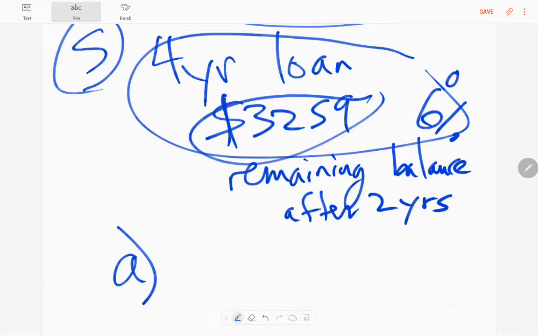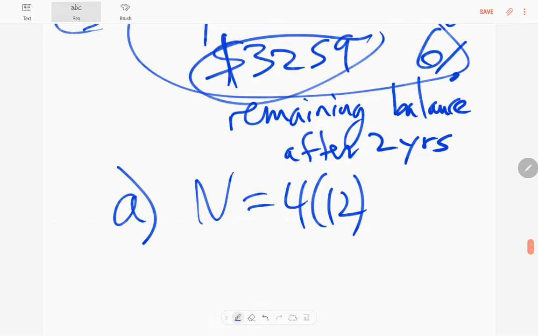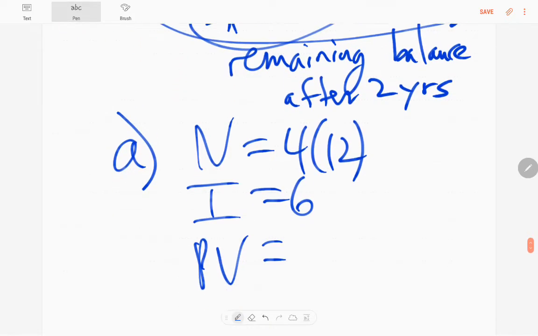So what is N? Well, it's a 4-year loan monthly. Interest rate is 6%. It is a loan problem, so $32.59 is the present value.